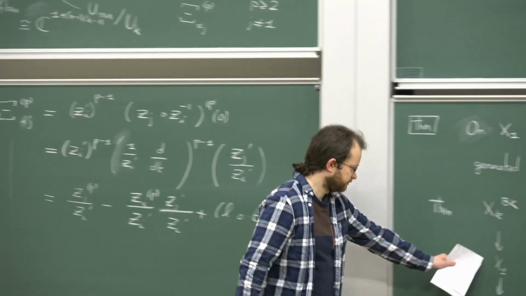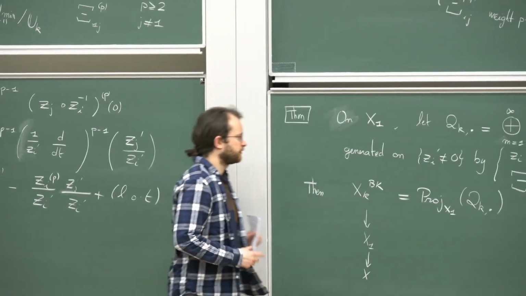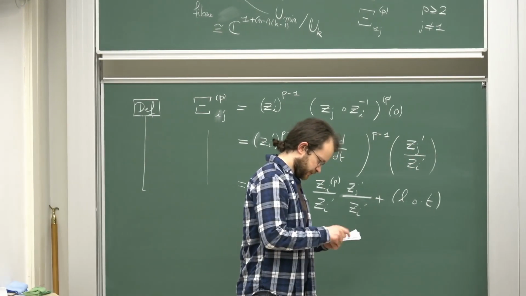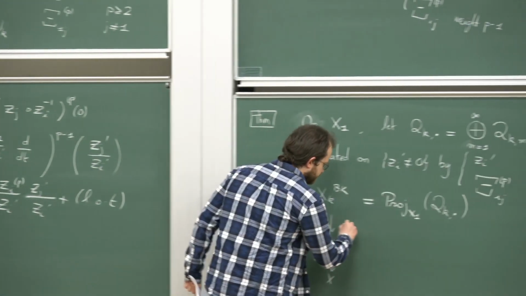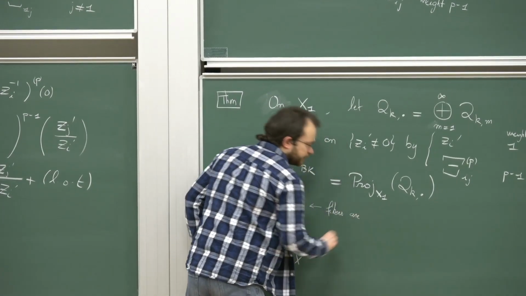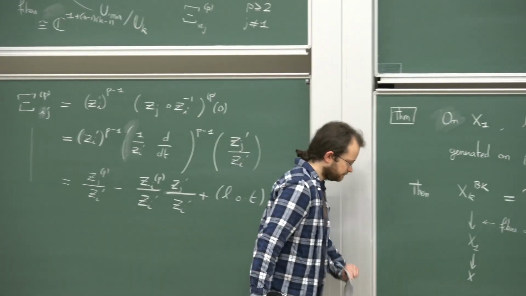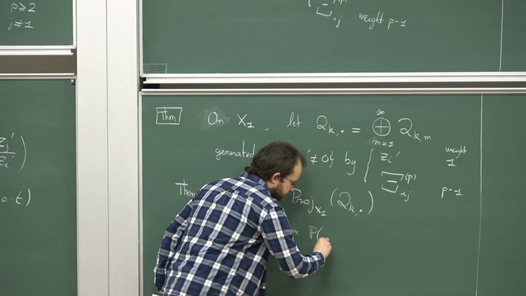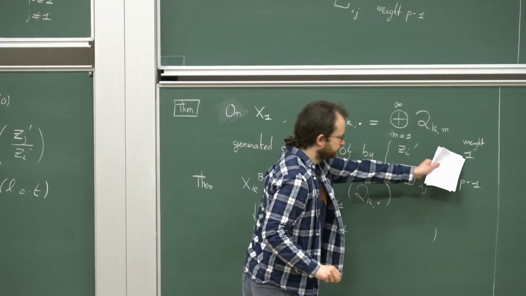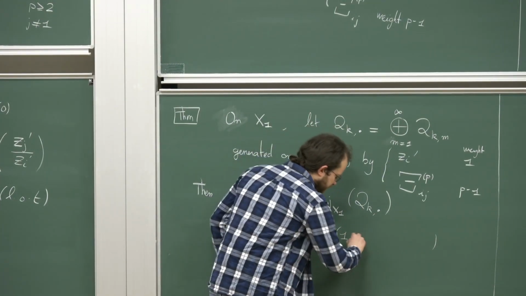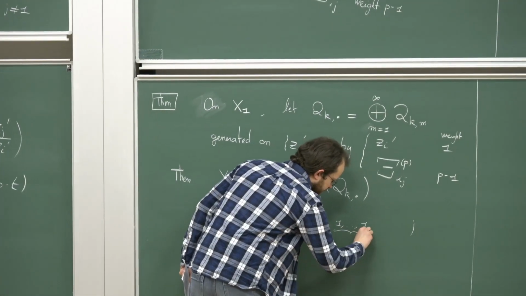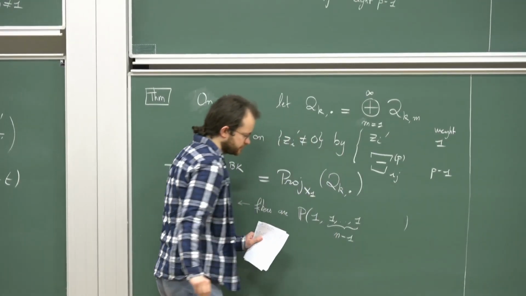And it sits above the first stage of the tower. Maybe let me say here that the fibers are then weighted projective spaces. So what are the weights? Well, these are written here. First you have weight 1, once. And then you have weight 1, n minus 1 times.